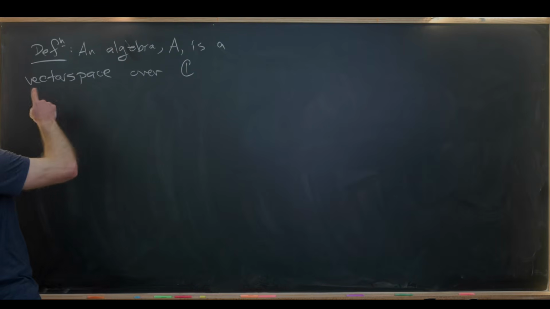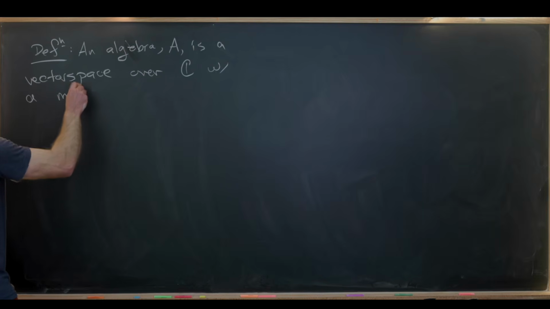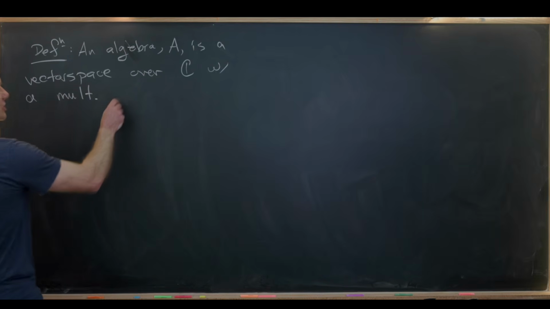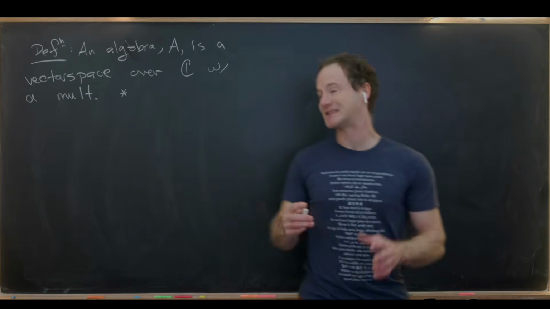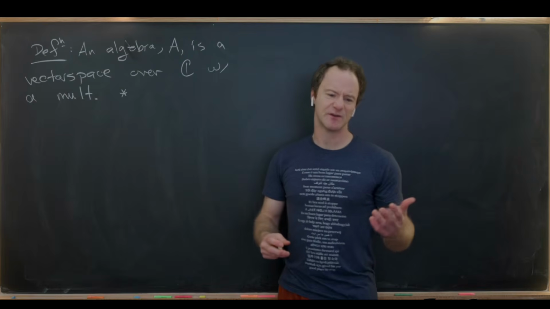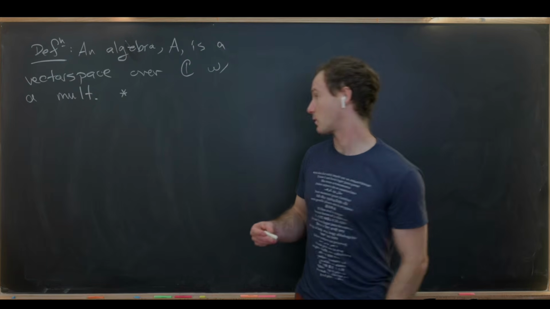Okay, so an algebra is a vector space over C with a multiplication. We'll maybe call it star, although depending on the setting, we'll use a different symbol that's more obvious to the example that we're working in.